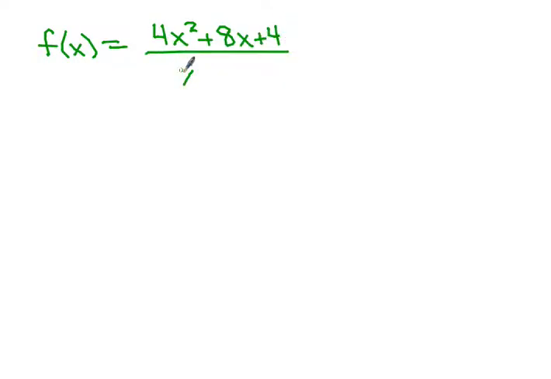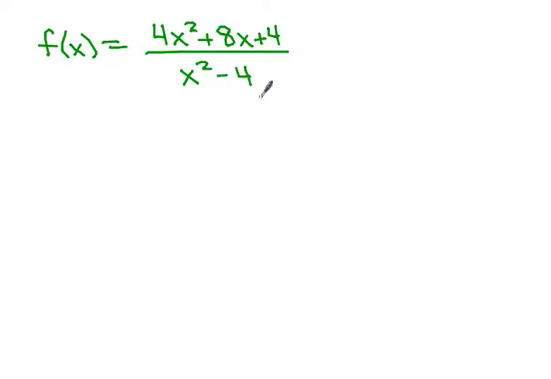I'll give you something like this: 4x squared plus 8x plus 4, over x squared minus 4.